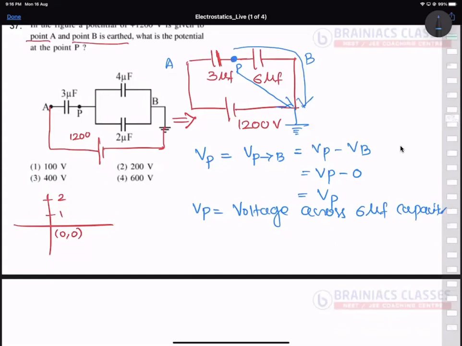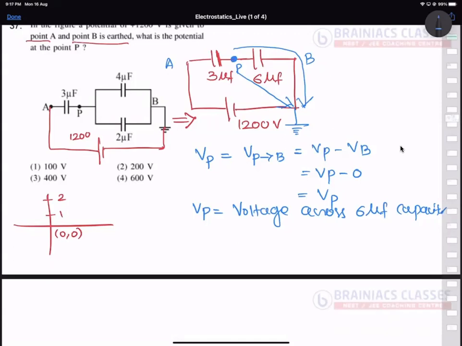P's voltage with respect to ground means P reaches ground through the 6 microfarad, whereas passing through the 3 microfarad would reach 1200. The question is the voltage at the point P with respect to ground, and the ground connection is through the 6 microfarad. So we need to find the voltage across this 6 microfarad capacitor.